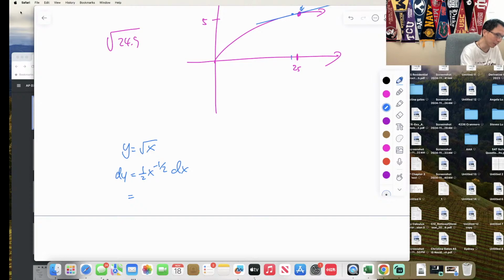Let's just assume that we can do it either way, right? dy/dx equals 1/2 x to the negative 1/2. And we can plug in 25. So dy/dx at x equal to 25 is going to be 1/2 times what? Square root of 25 is 5, so that's going to be 1/10. Is that okay?